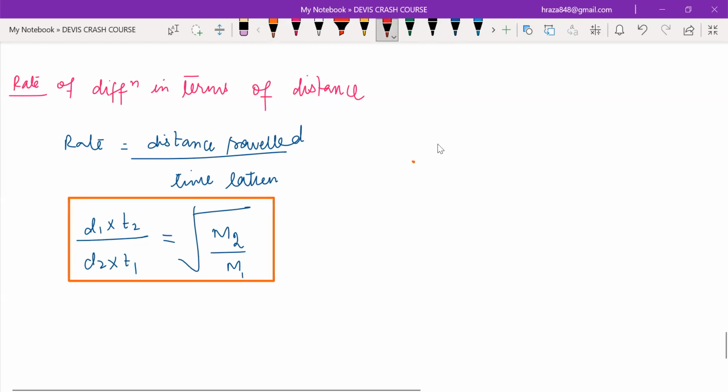If I'm going to ask you a very easy question: write the order of rate of diffusion of the following gases.